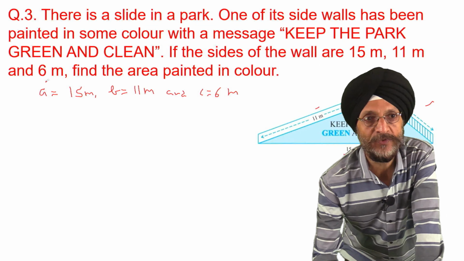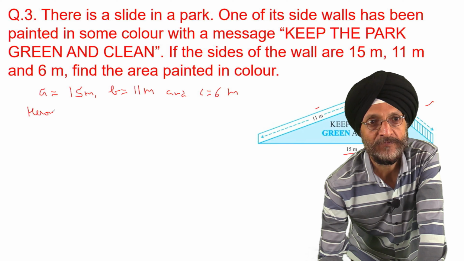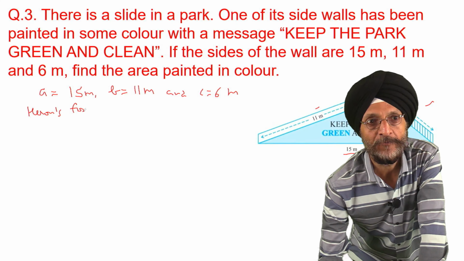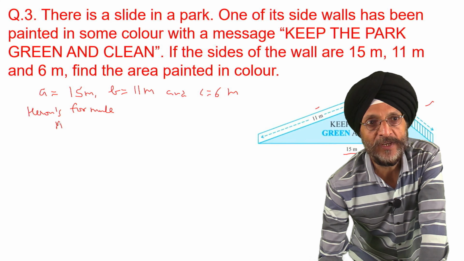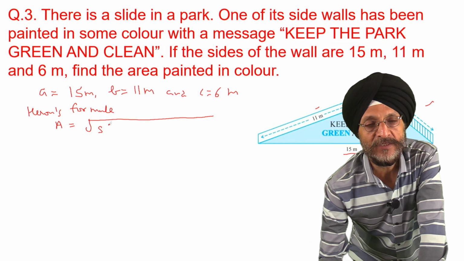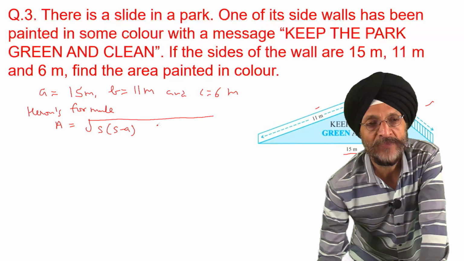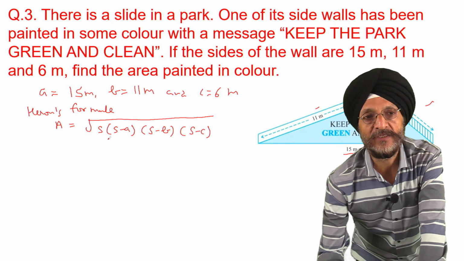So what is Heron's formula? As per Heron's formula, area of triangle is equal to under root S into S minus A into S minus B into S minus C. What is S?